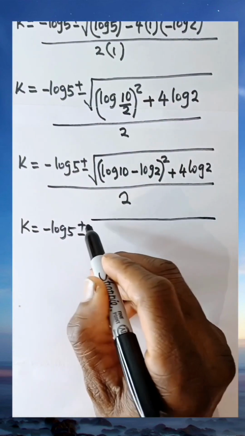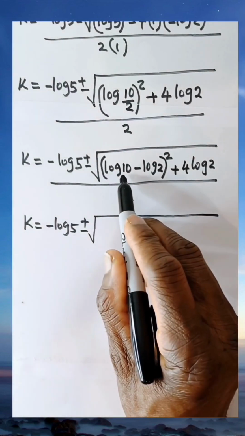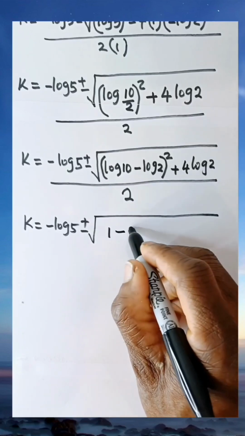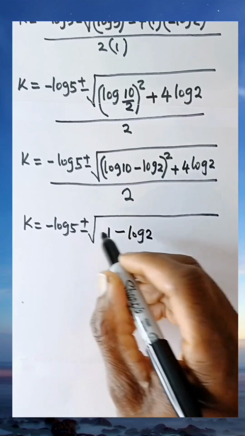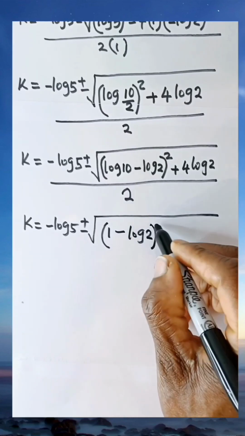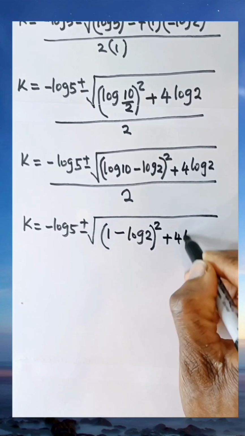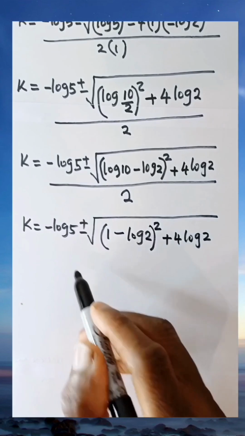The square root of, here log 10 is 1. So we will have 1 minus log 2, raised to the power of 2, then plus 4 log 2, divided by 2.